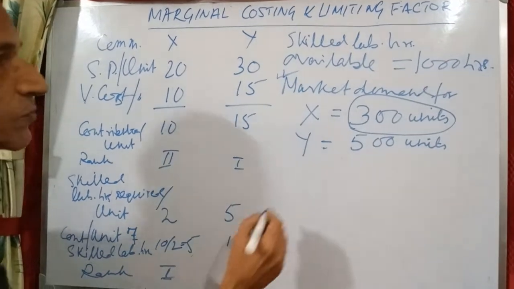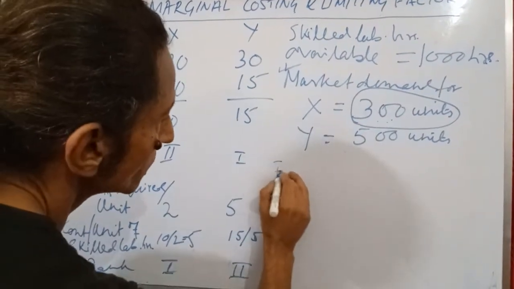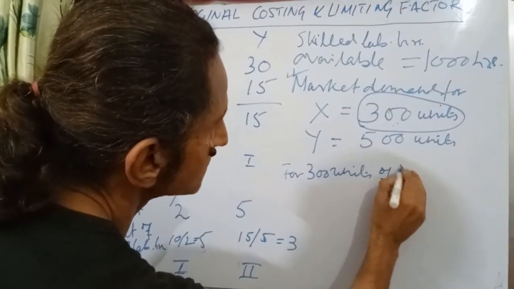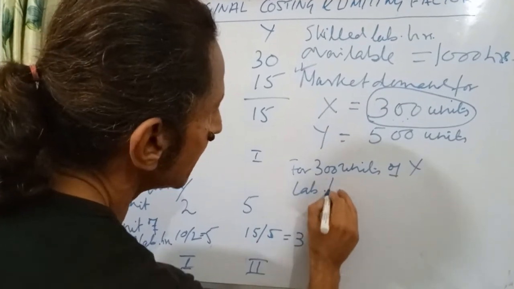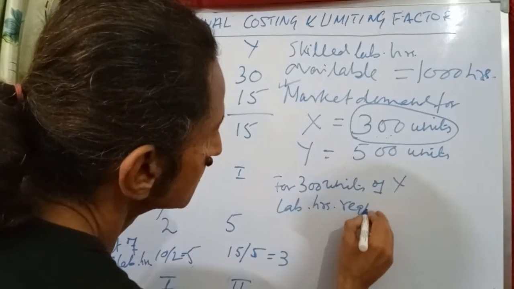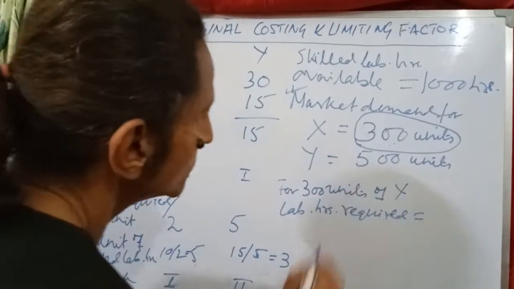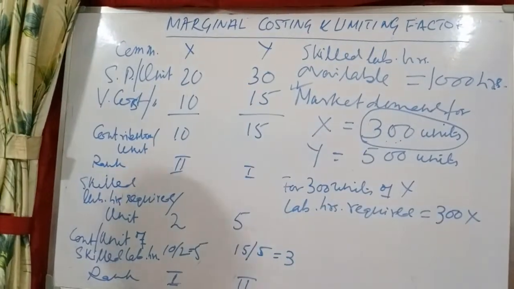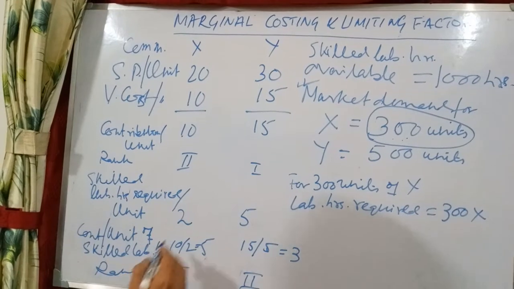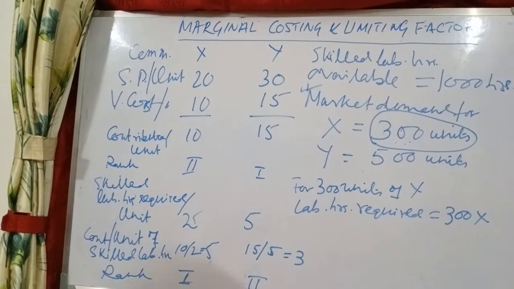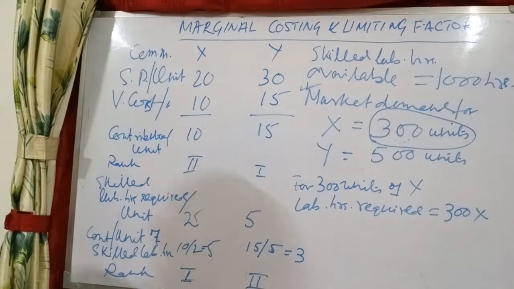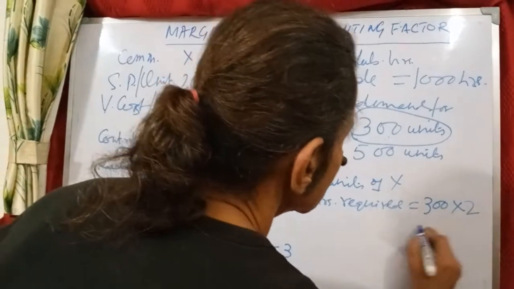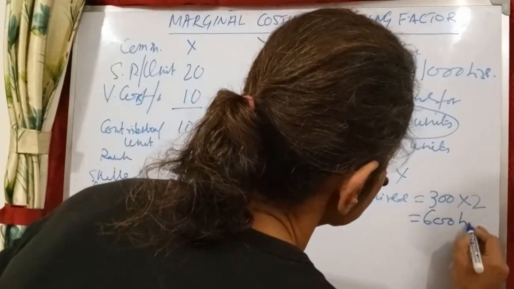So for producing 300 units of X, labor hours required is equal to 300 into 2, because product X needs 2 labor hours to produce 1 unit. So 300 into 2, that is 600 hours.